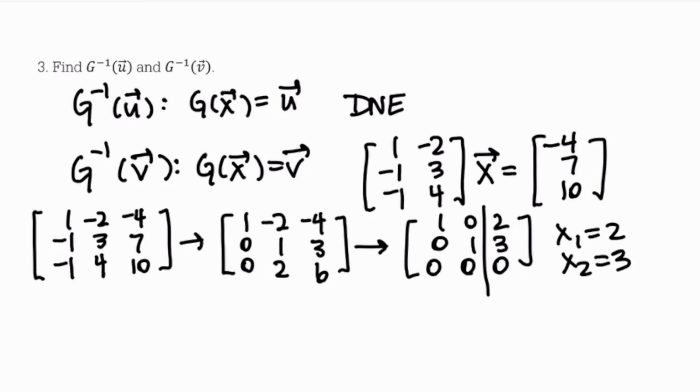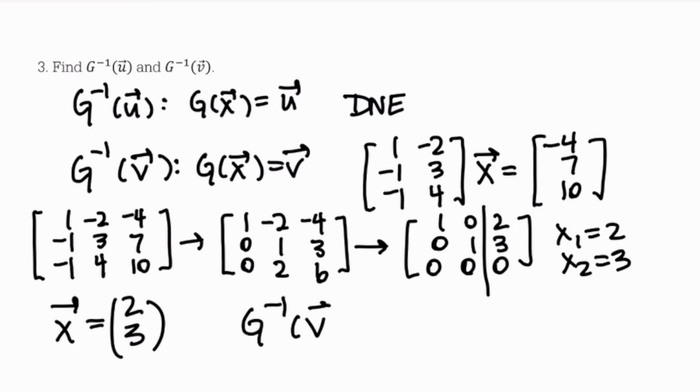And those are the only two variables, right? I'm solving back for an element of the domain that got me to g of x equals v. And so the domain is R2. It's going to be a two-dimensional vector that I'm looking for. All right, so I'm going to say x equals 2 and 3, or maybe you could say g inverse of v is equal to 2 and 3.